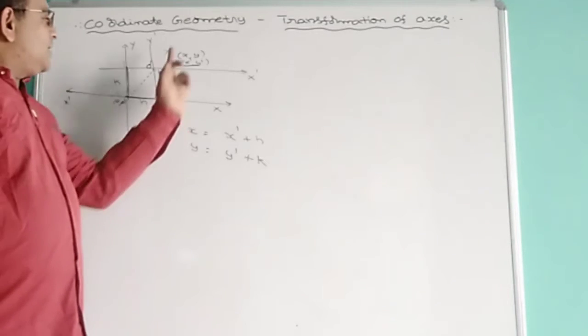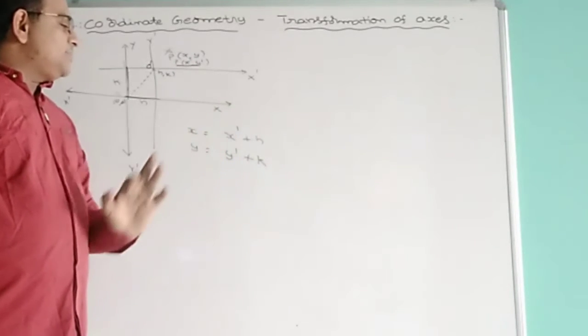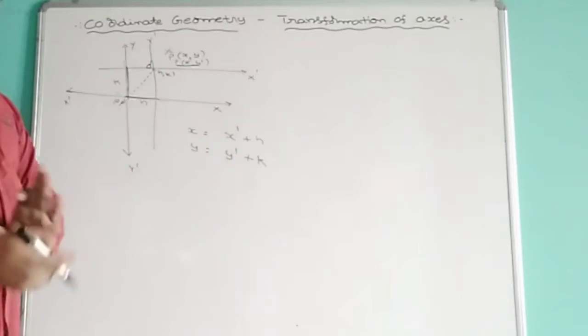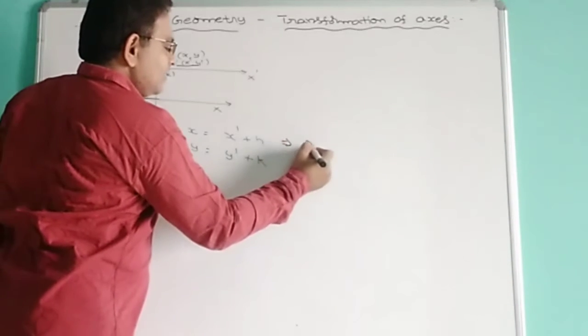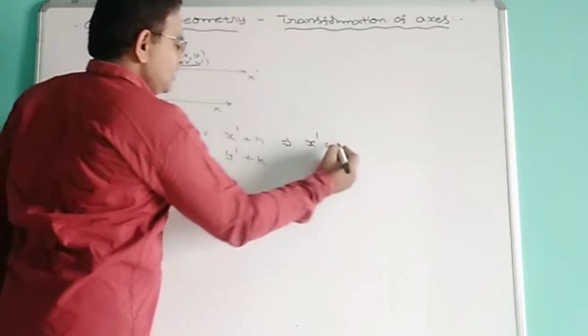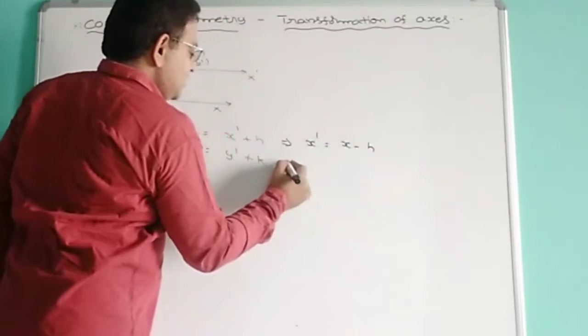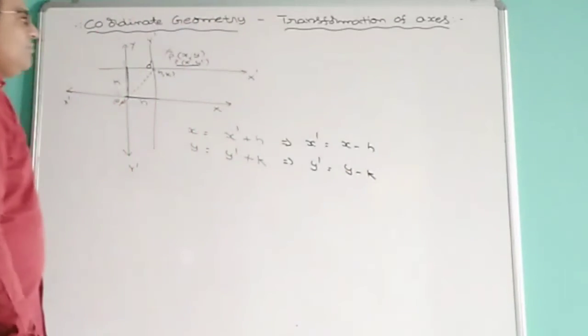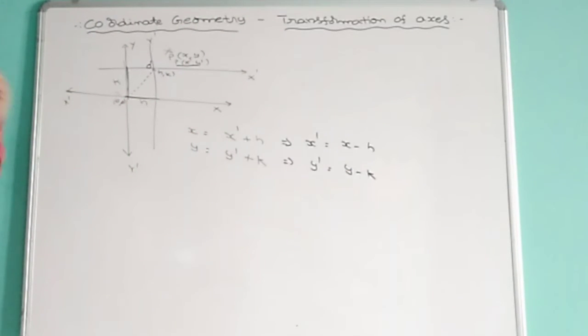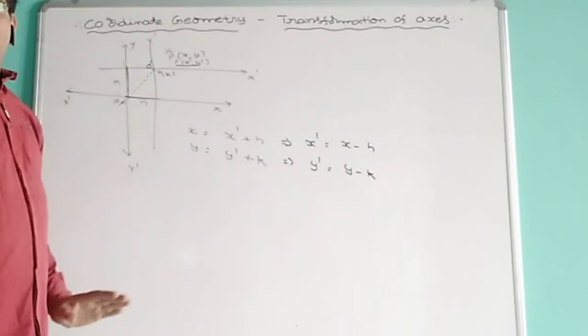Then x equals x dash plus h, y equals y dash plus k, and automatically the new point is x dash equals x minus h, y dash equals y minus k. This is called transformation of axes.